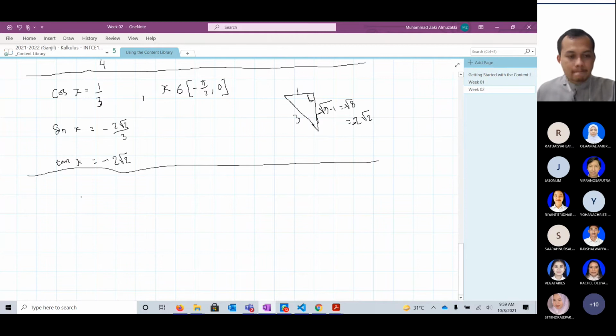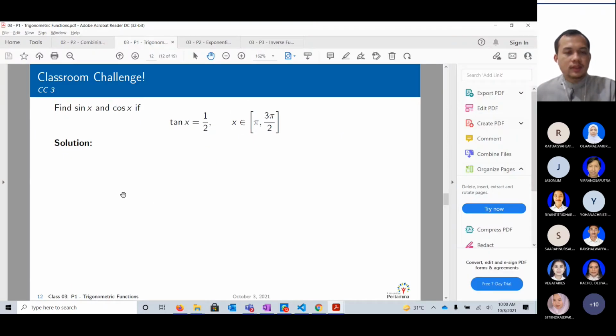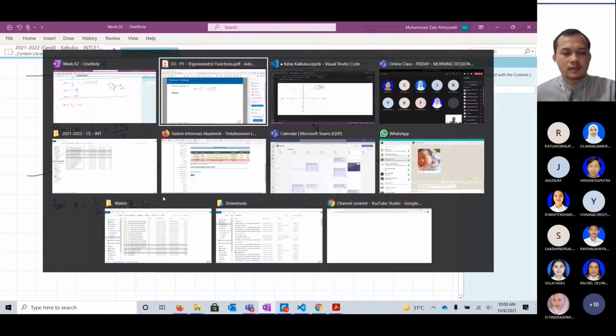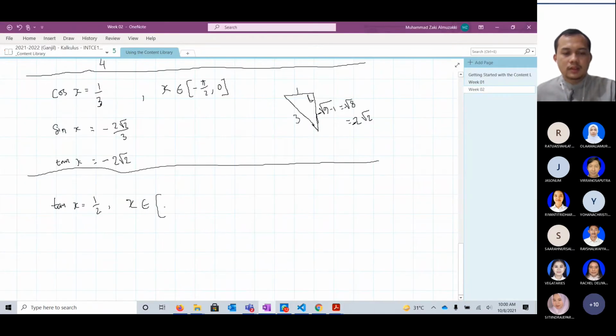Now let's go to the third example. We have tangent of x equals to half, and x is in pi up to 3 pi over 2.